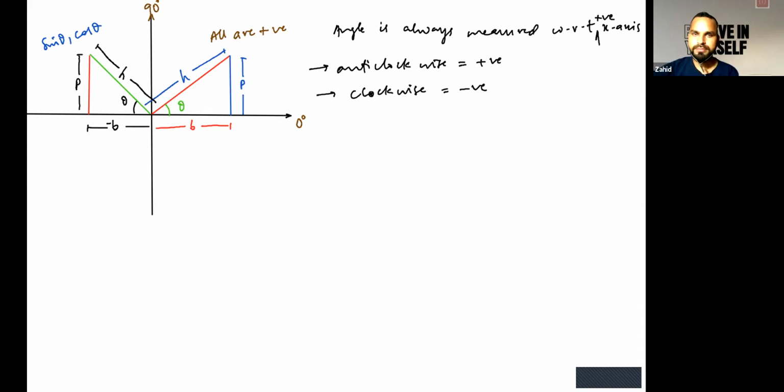Similarly, if you draw a triangle in the third quadrant, tan theta and cot theta would be positive, and in the fourth quadrant, cos theta and sec theta would be positive. Is it clear to you all till this part? How are you justifying in which quadrant which trigonometric ratio would be positive?